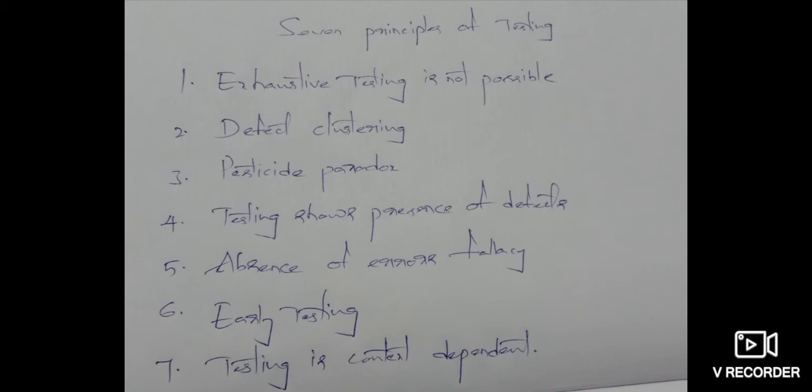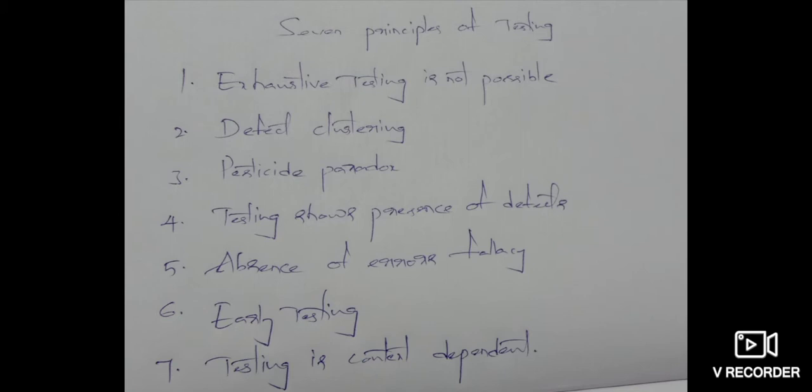So exhaustive testing should not be performed and it cannot be done. If you try to perform it, we cannot deliver the software application on time. We have to put a lot of effort and cost will be increased. So exhaustive testing is not possible. That is the first principle of software testing.